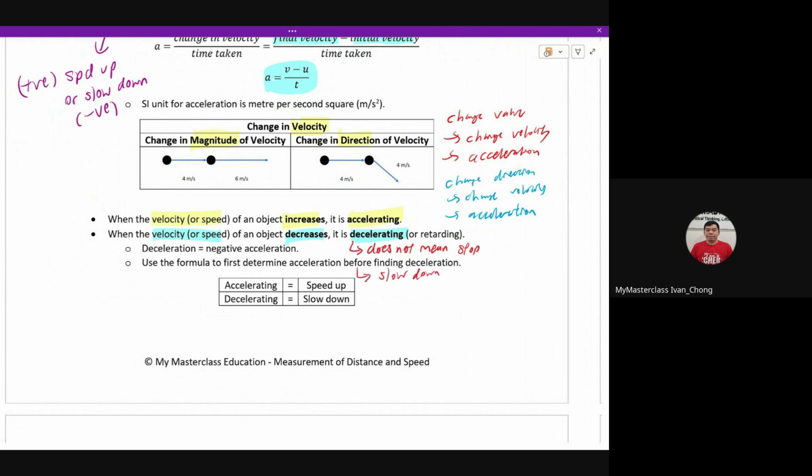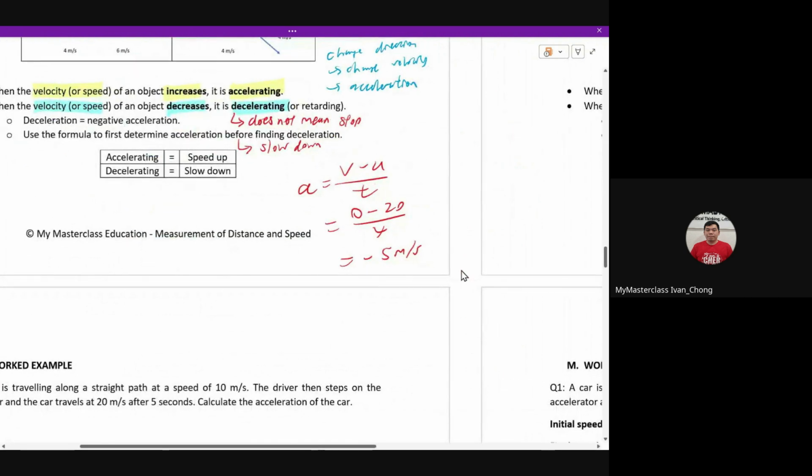Okay, it doesn't mean stopping. Now, if you decelerate, there's no deceleration formula, it's just that we end up with a negative value. So if you have an acceleration that is negative, such as this, you just write deceleration equals to negative a. It will just be a positive 5 meters per second squared.